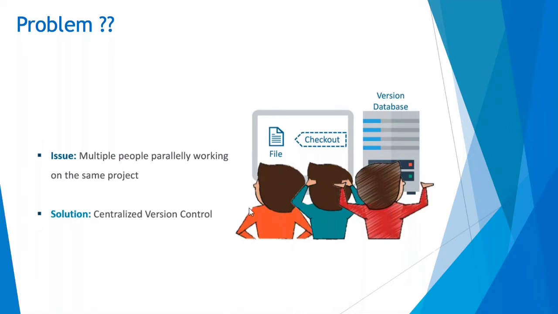Okay, right. So that's the first problem, team. Multiple people cannot work parallelly on the same project. The next thing, of course, backup is also another problem we discussed already.